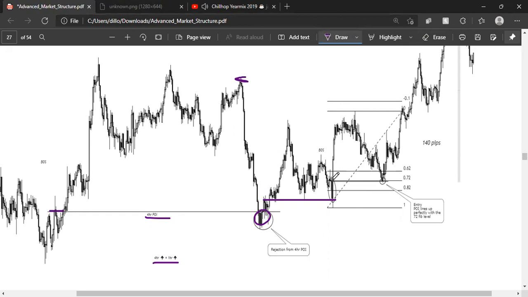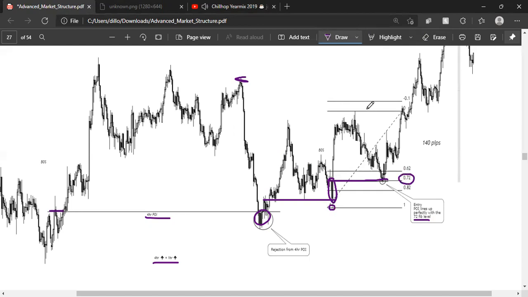So we look, there's that last down candle here before that push to the upside. Now you don't technically need to put your fib on this, but if you notice, this last down candle lines up perfectly with that 72 fib level.